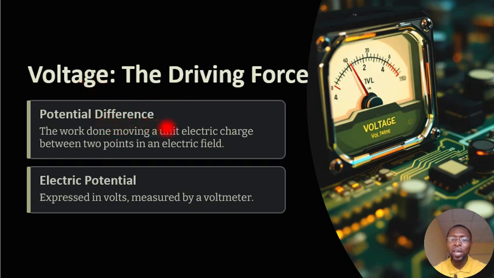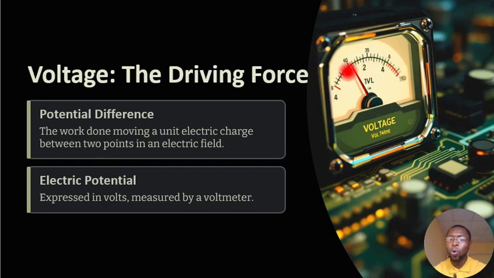And the instrument that you use to measure voltage or potential difference is known as a voltmeter. This is a typical example of a voltmeter. You can see that it has a pointer and a calibration. So this pointer here, as it moves toward the right hand side, it shows that the work done is increasing.